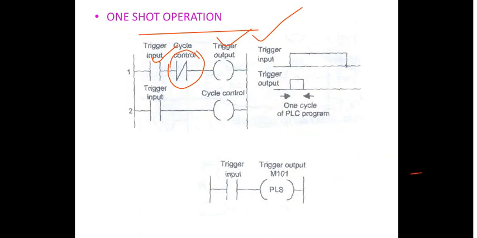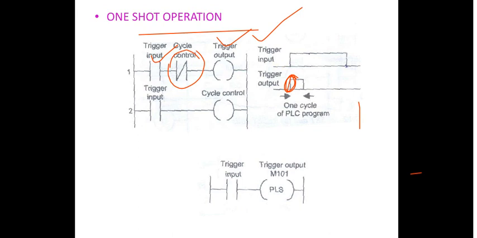Now you can see the cycle control here. Suppose this cycle control activates now. When does it activate? When the trigger input comes for the second rung also, simultaneously.